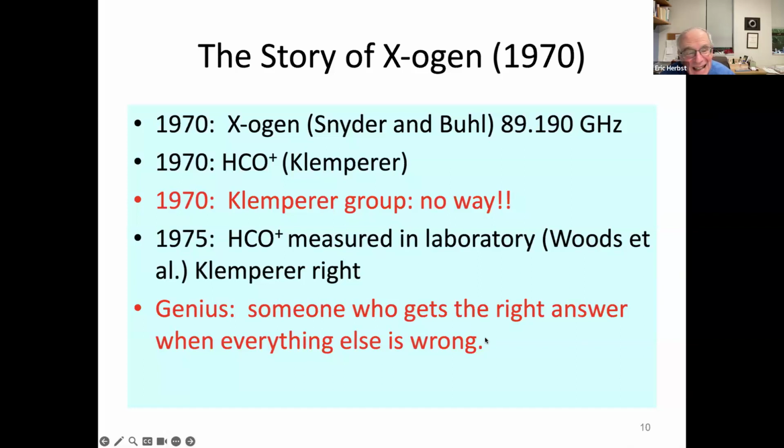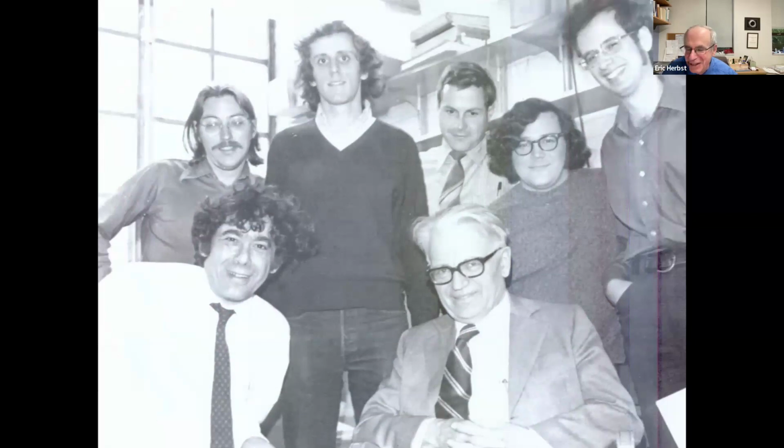But in any case, that was the first ion that was seen, and there are now many ions that have been seen. All right, here's a picture. This is Klemperer, the person who got the assignment right. This is the Nobel laureate Gerhard Herzberg.